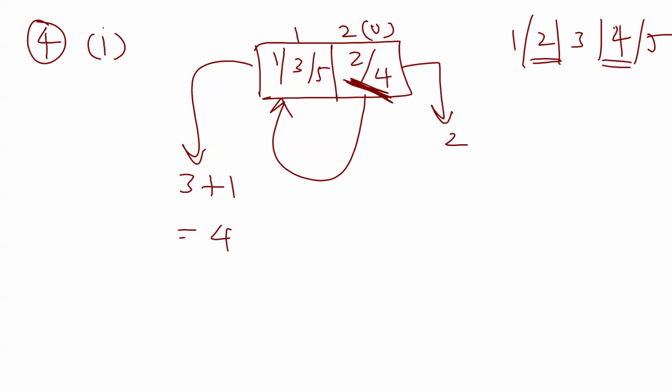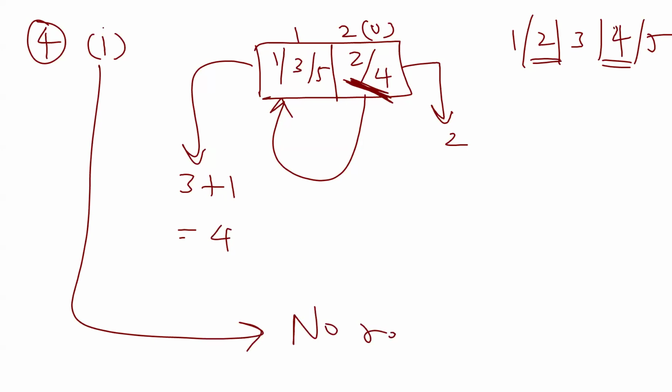So this is 4 into 2, which is equal to 8 ways. Just a second. This one will be for no repetition. So ideally this is the second sub question.